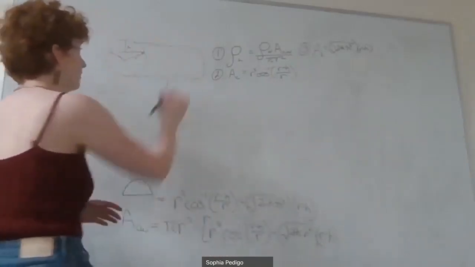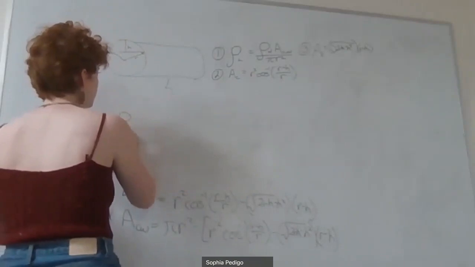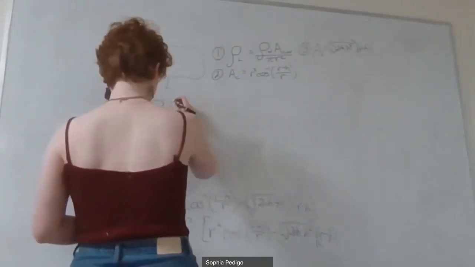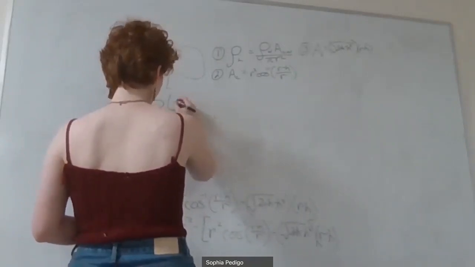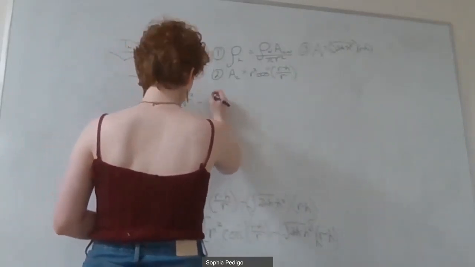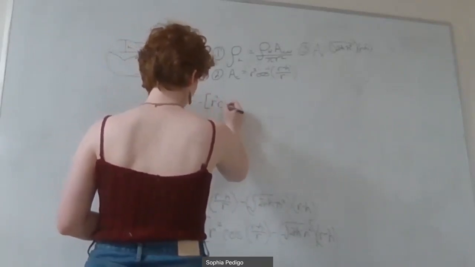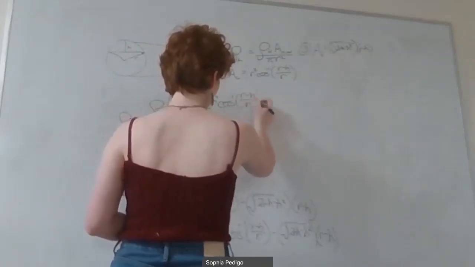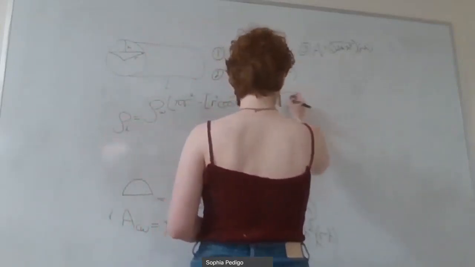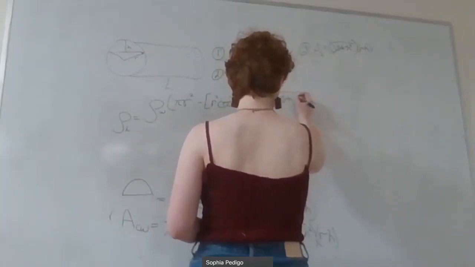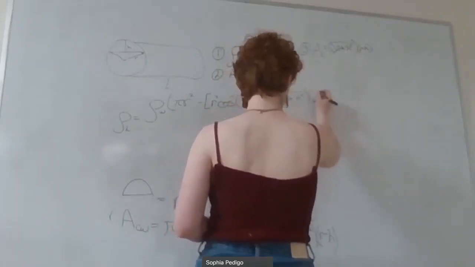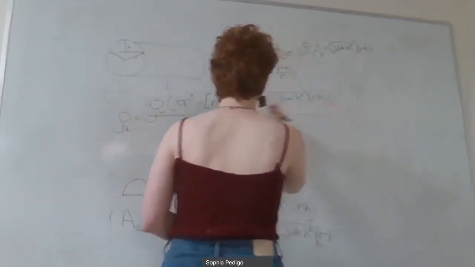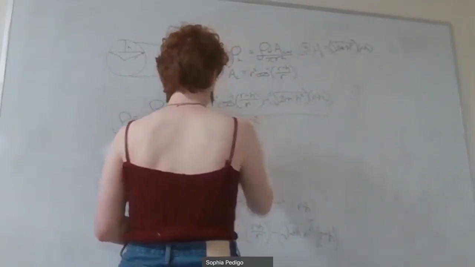So let's go ahead and rewrite this first equation, and that'll give us the density of the log is equal to the density of the water multiplied by pi r squared minus r squared multiplied by cosine inverse of (r minus h) over r, minus the square root of 2rh minus h squared multiplied by r minus h, and all of that is divided by pi r squared.